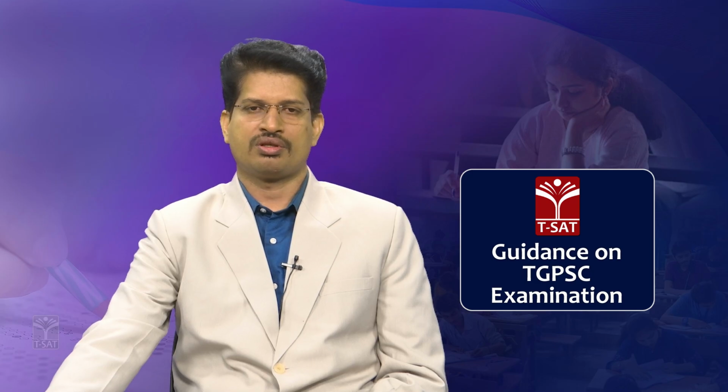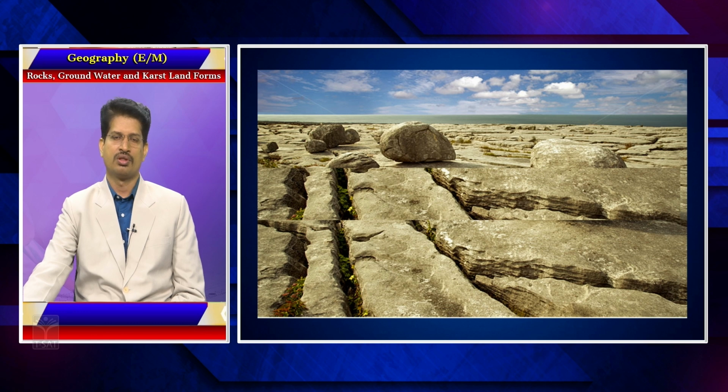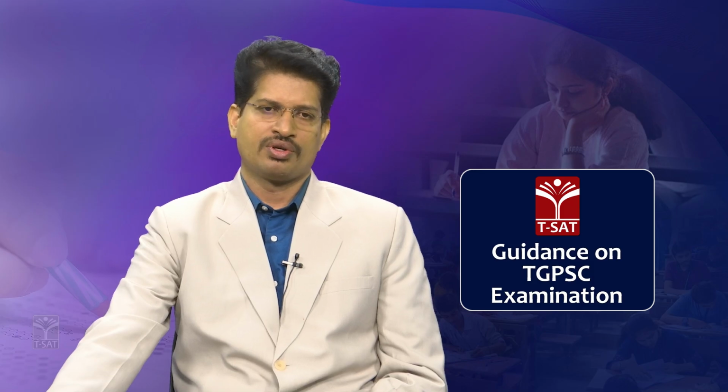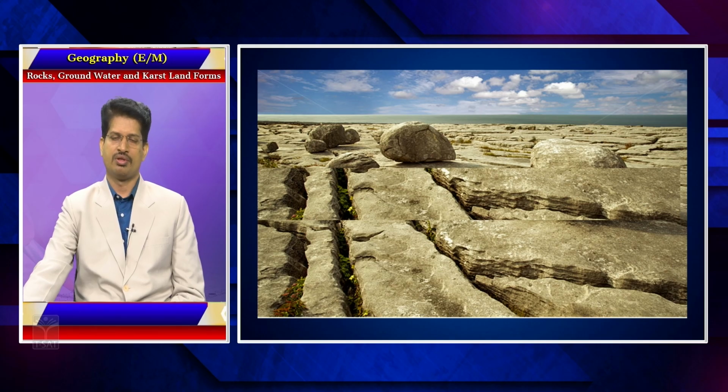These are all the features of karst topography. This is how the solutional activity happens, leading to the disappearance of the flowing streams in a limestone dominated topography.